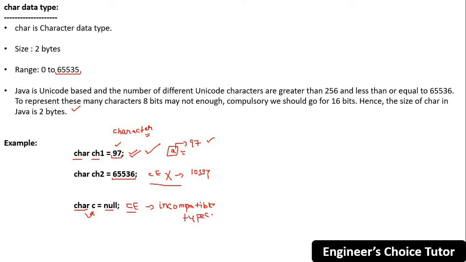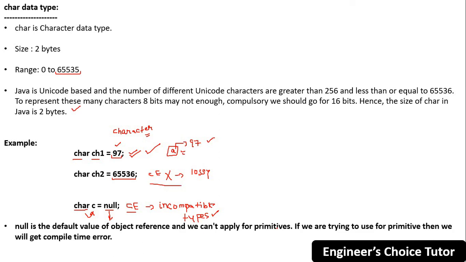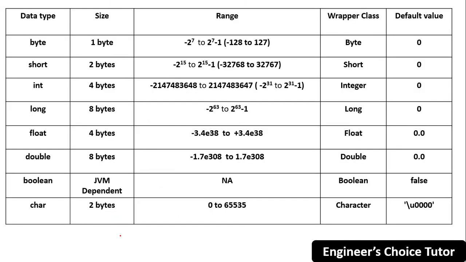You can check this. If we try to use null for a primitive, then we will get a compile time error. This much is clear.